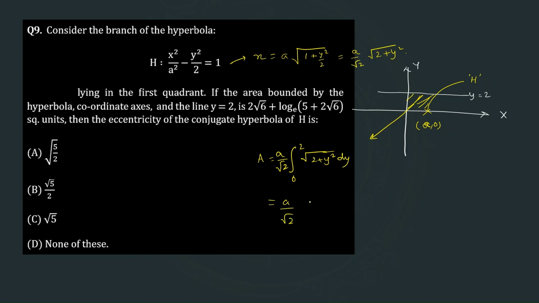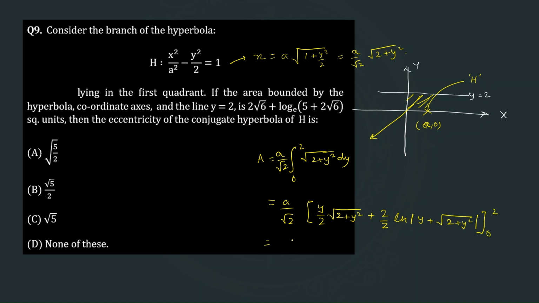It will be using the formula, integral of root under a square plus x square dx. We can say that it will be equal to y by 2 root under a square plus y square plus a square by 2, which is 2 by 2, log of modulus y plus root under 2 plus y square, and then limits from 0 to 2.